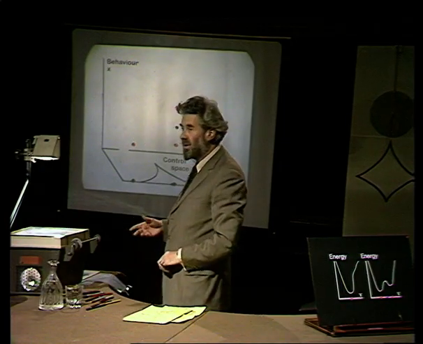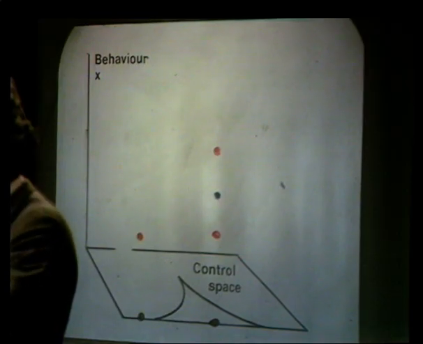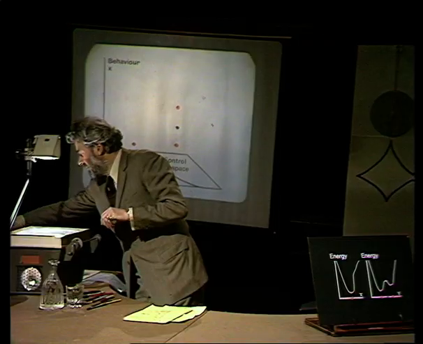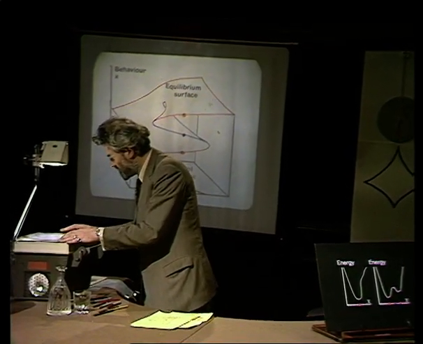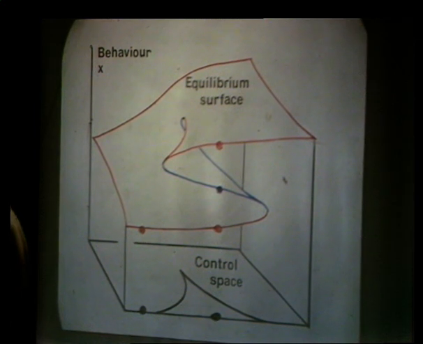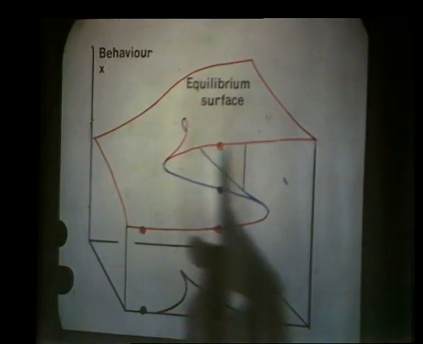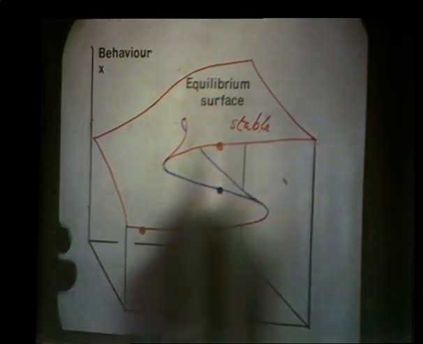Well, we could go on doing this for every single point in the control space, and you see what we're going to do is build up a surface of points. Well, I'll now give you the answer. This is what the surface looks like. You see, where that red spot was has now become a whole surface of stable equilibria.